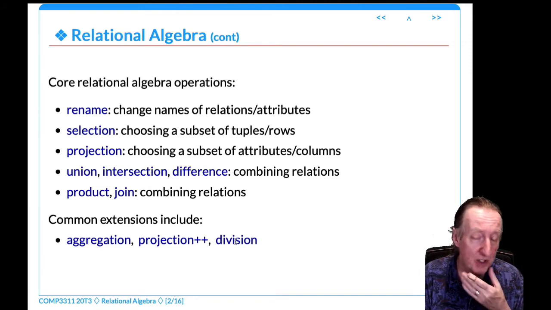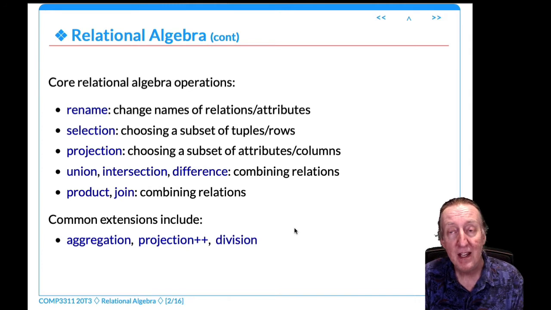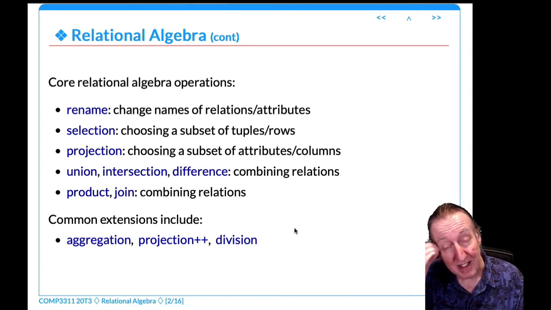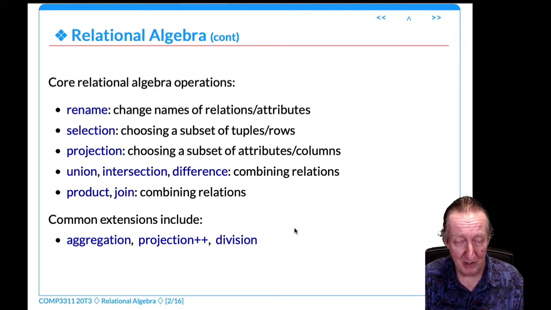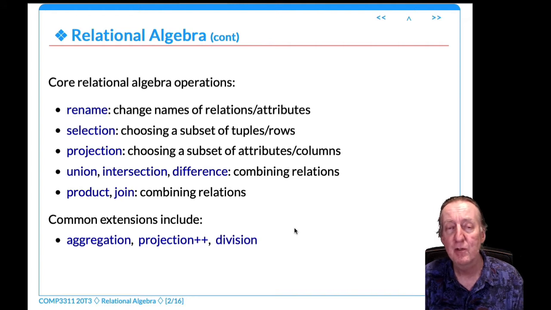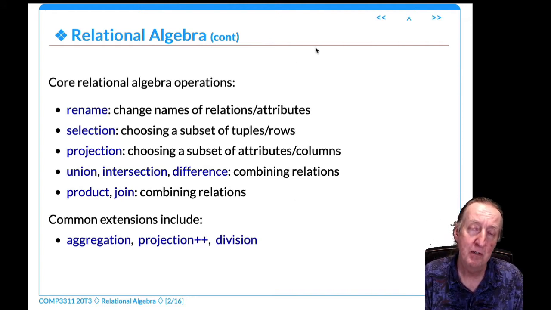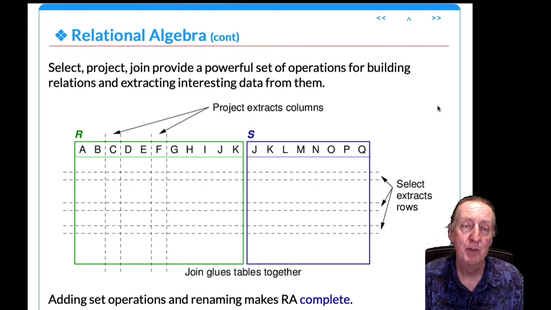And the division operation is useful, and we've seen how to implement that in SQL. In an ideal world, I would do relational algebra before I did SQL and then explain SQL in terms of relational algebra. But as I've mentioned a couple of times, we've flipped the order of things around here, so we cover the more practical stuff first.